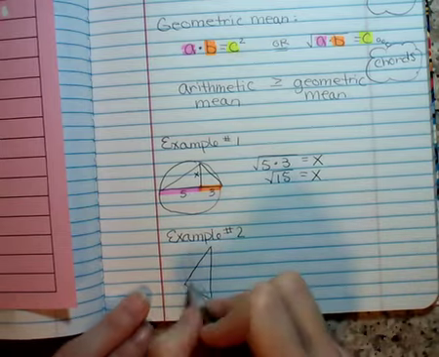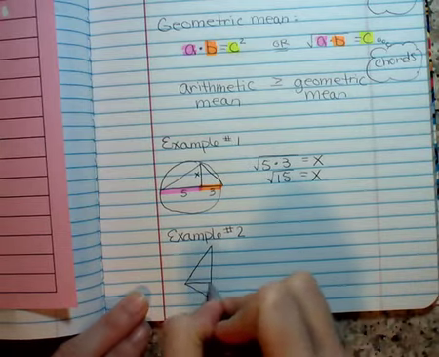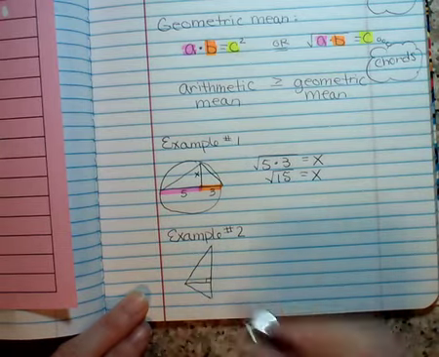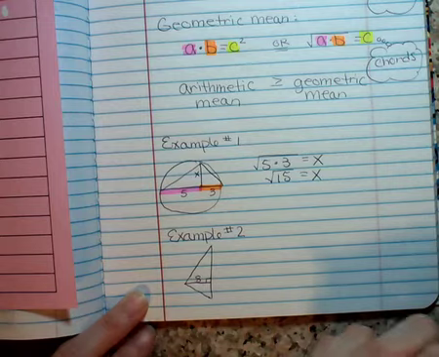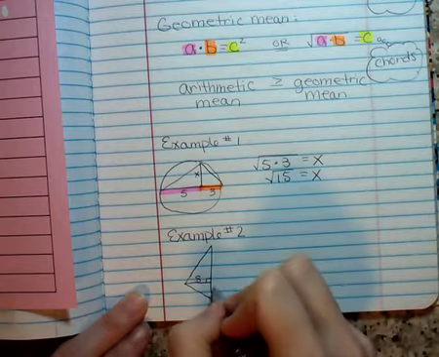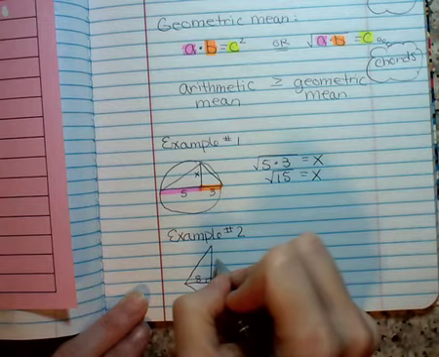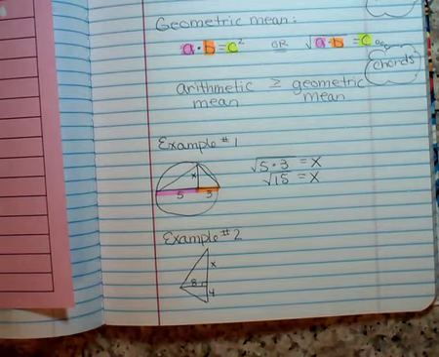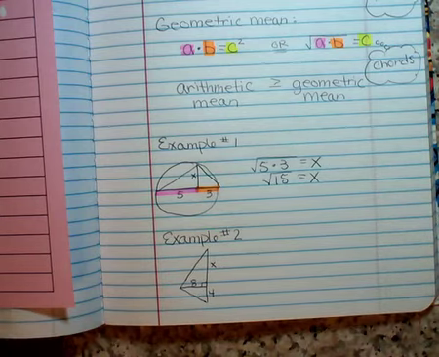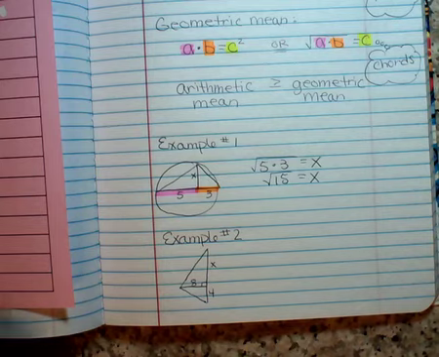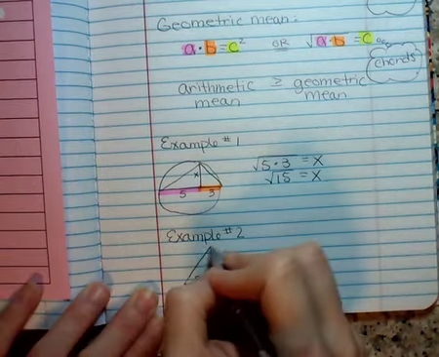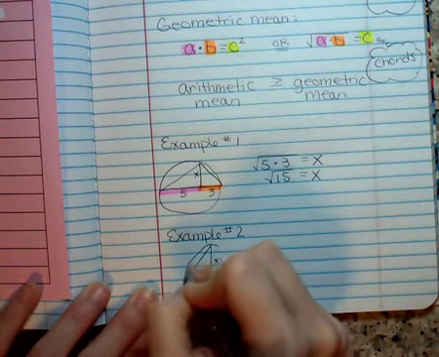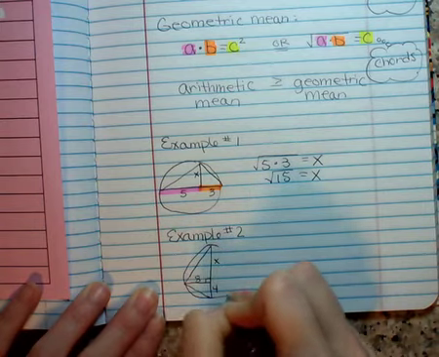So I'm going to start with this right triangle, and we're going to know that this part is 8, this piece is 4, and we're looking for that piece up there. So when you have a triangle problem that you're trying to find a missing length, we can imagine this triangle inside of a circle. So I'm going to go ahead and sketch in what that circle might look like.